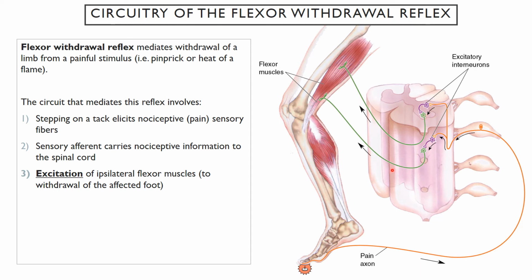So these become excited, they start activating, and all the flexor muscles start to contract, leading to the withdrawal of the affected foot or, say, hand. It's a pretty simple circuit, with this afferent causing excitation of these excitatory neurons, which then synapse onto the muscles that make up the flexor.